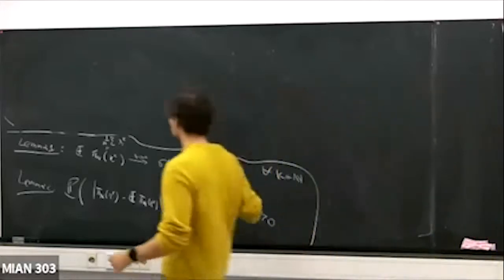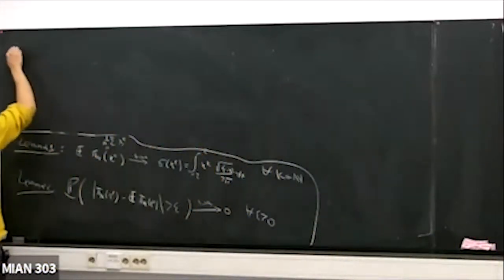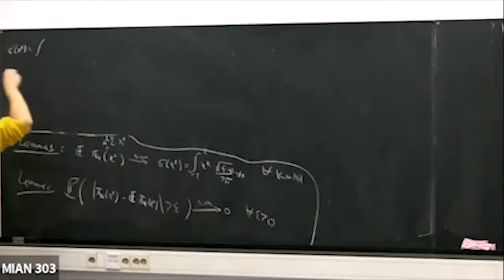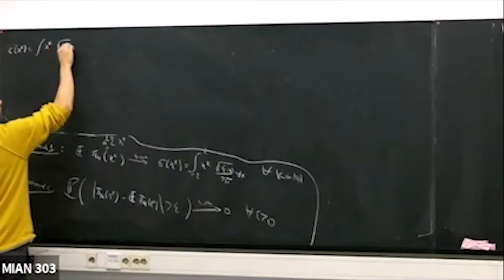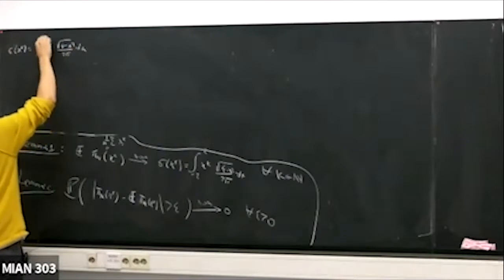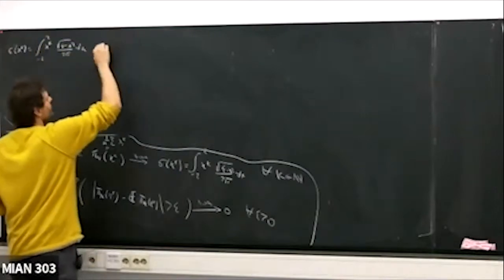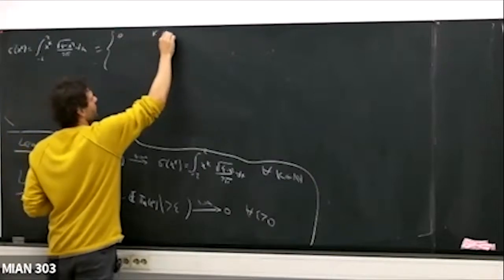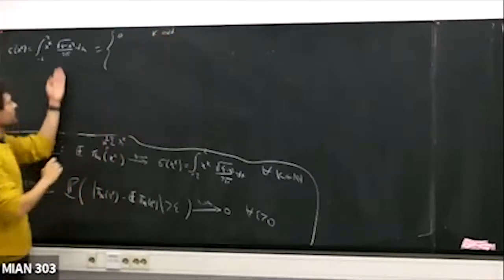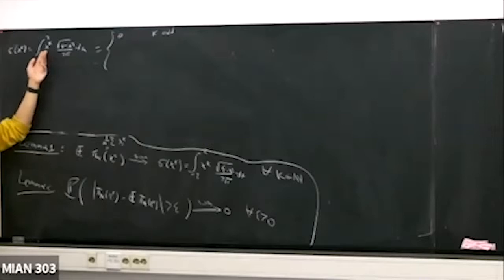Yeah, let's just compute what sigma of x to the k is. This sigma of x to the k is the integral of x to the k times square root of 4 minus x squared over 2 pi dx between -2 and 2. Of course, this is 0 if k is odd, because it is symmetric.